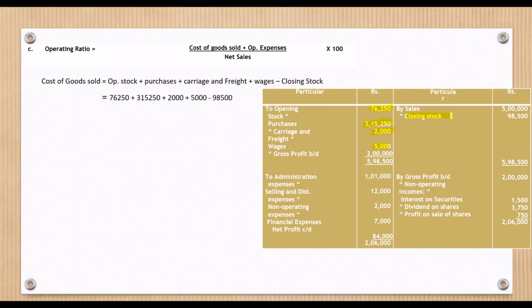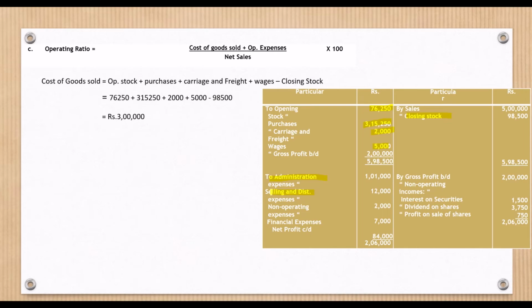So 76,250 plus 3 lakhs, carriage 2,000 and 5,000 minus 98,500, we get 3 lakhs rupees. And next, here we have to add operating expenses. We already know what the operating expenses are. If we add the administrative expenses and selling and distribution expenses, we'll get the operating expenses.